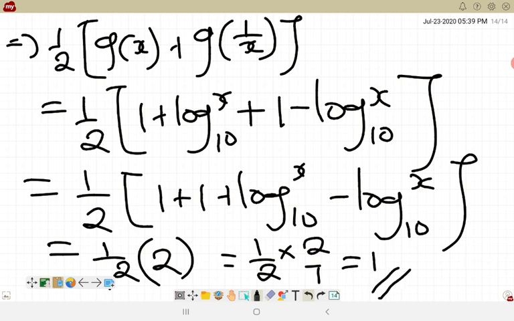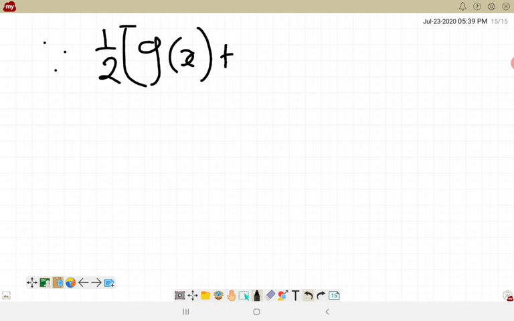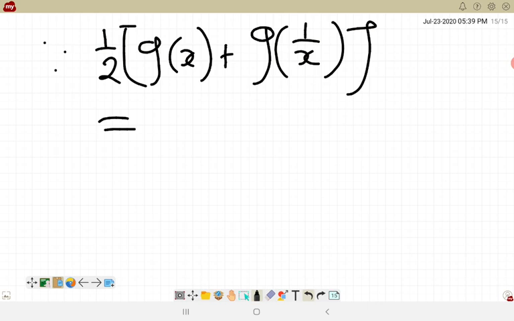So therefore 1 over 2g of x plus g of 1 over x equals 1.